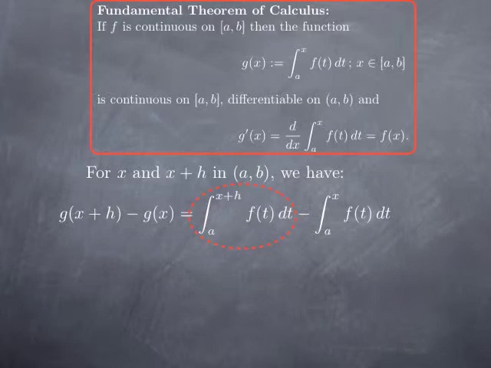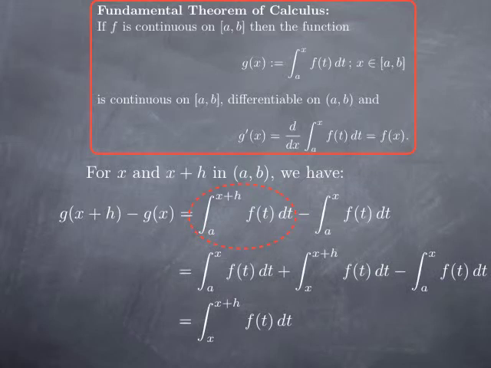So we can split that into the integral from a to x plus the integral from x to x plus h. And under that form, you see that you have the integral of the function f from a to x, and then it is subtracted in the last term. So what remains is simply the integral from x to x plus h of the function f.